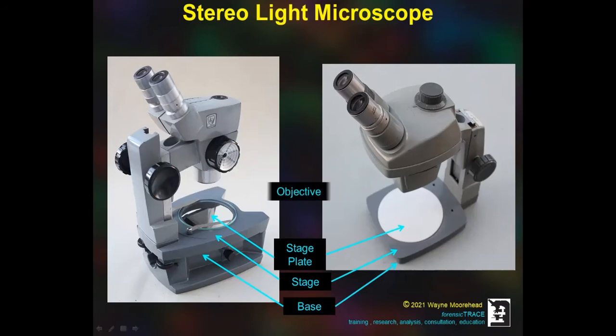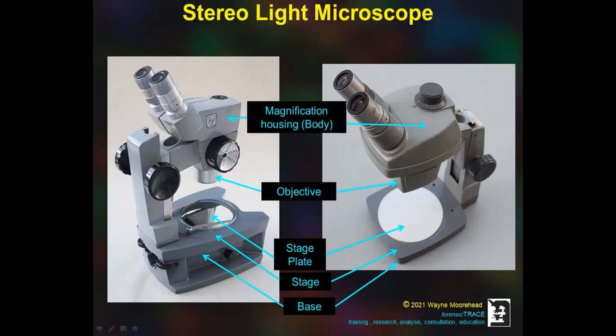The objective, a fixed magnification lens, magnifies the specimen to obtain the first image into the magnification housing, where the magnification changer increases or decreases the magnification of the first image. Of course, you're the one that's actually doing the increasing or decreasing of the magnification using the magnification changer. When the magnification is continuous, it is called zoom magnification.